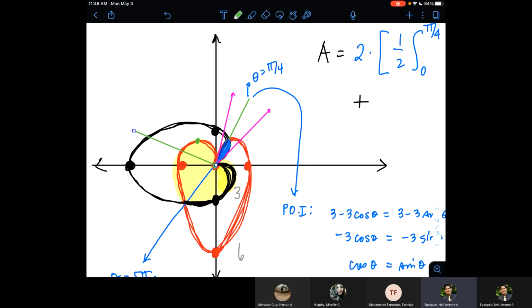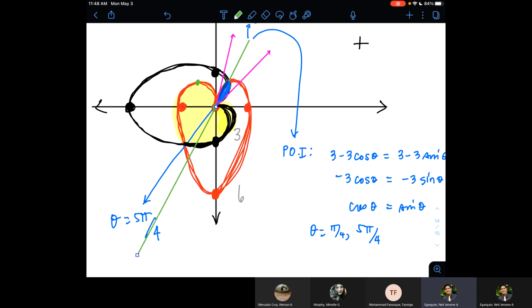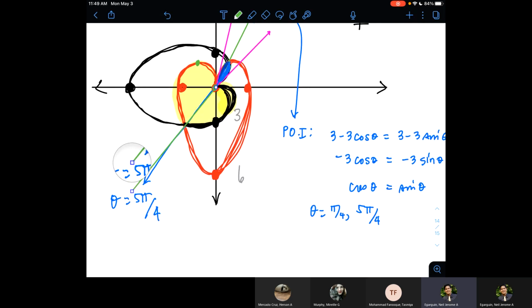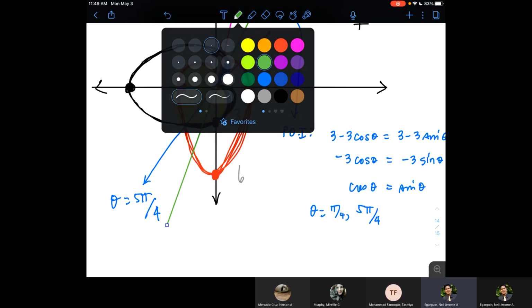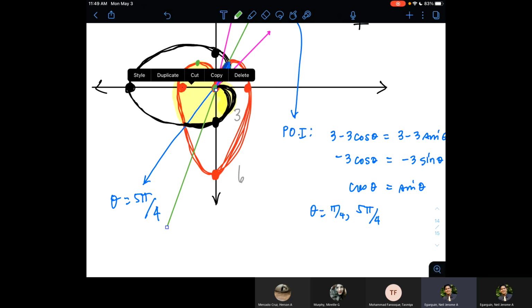Still, I'm hitting the red curve, okay? And then now I am at the point of intersection, which occurs when theta equals 5 pi over 4. But right after this, the radius suddenly became determined by the black curve rather than the red one. So this would be my radius from the pole until the black curve.